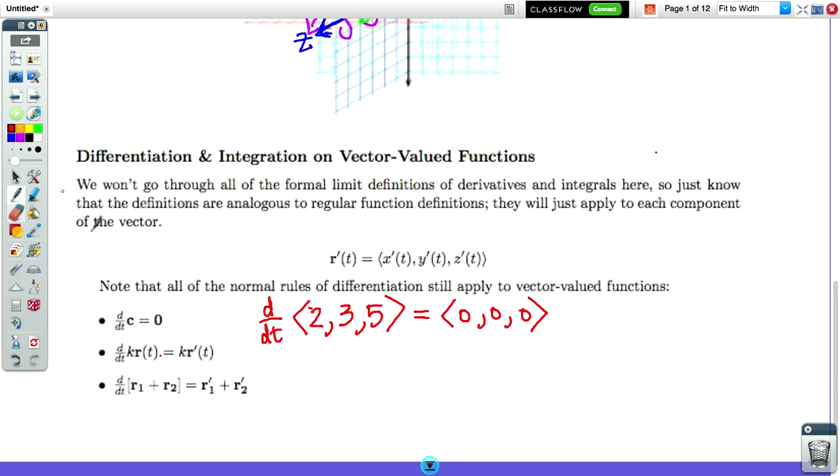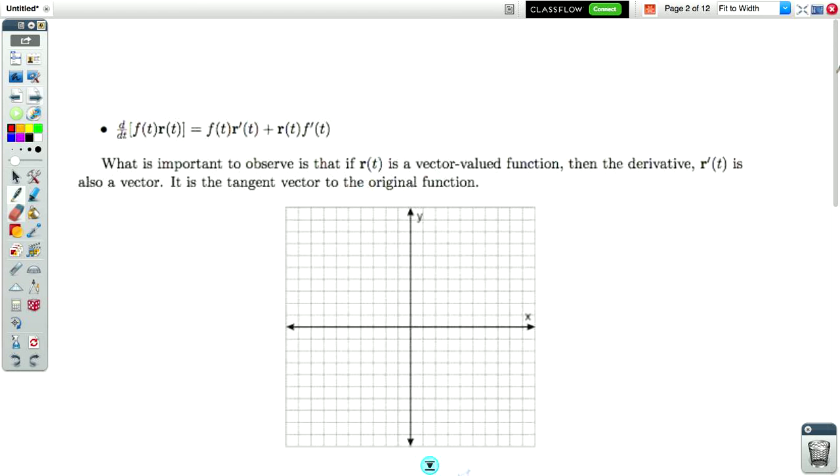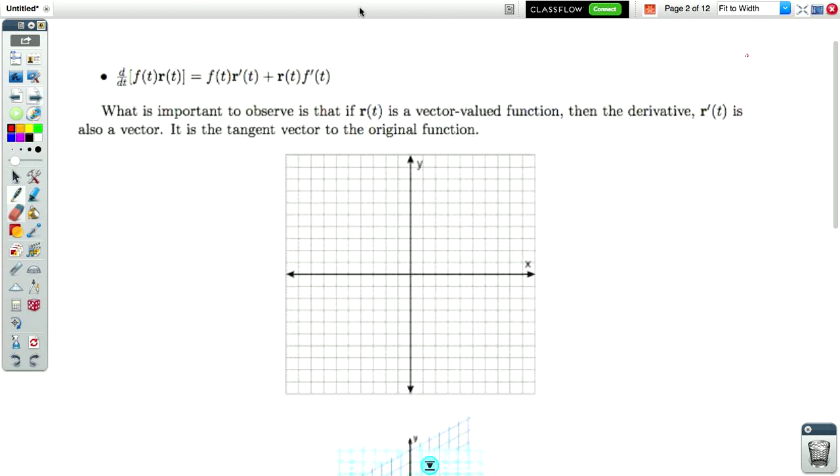The place that things will get interesting, as it does in single variable calculus as well, is when you start multiplying vectors together and differentiating those. So in single variable calculus, we have things like the product rule, which is basically what this is saying here.